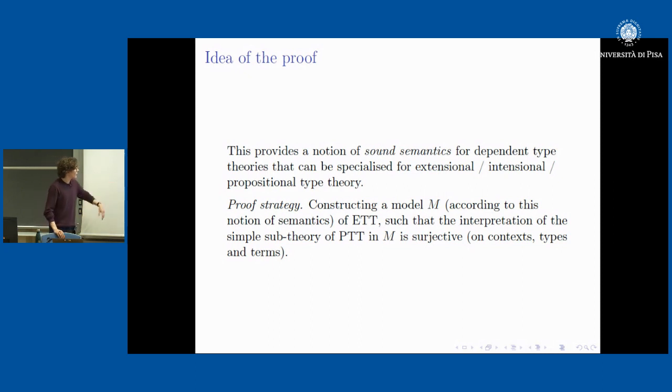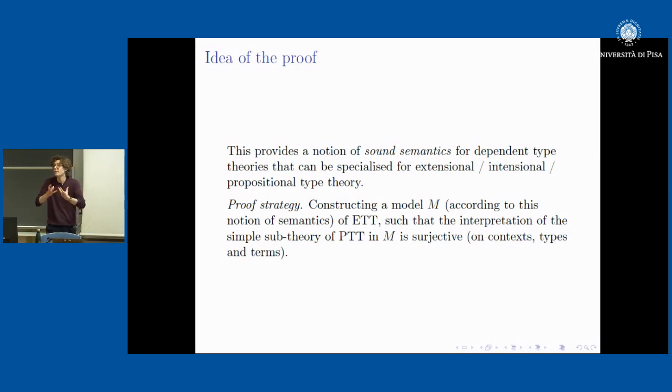So now I can talk about the proof strategy in a few minutes. The idea is that you exhibit a model M of ETT, okay? And of course, if it is a model of ETT, it is also a model of the simple fragment of PTT, because any model of an extensional type theory is also a model of a propositional type theory.